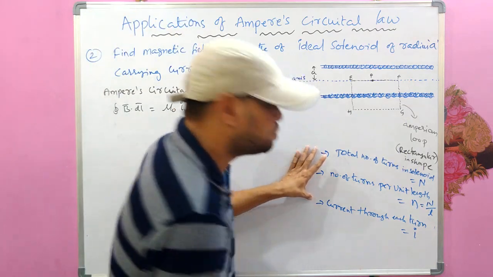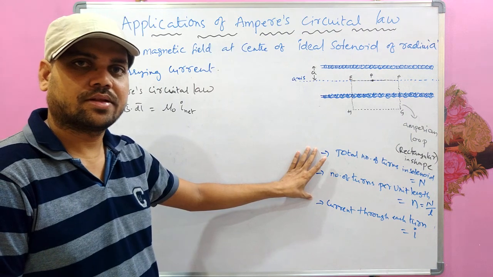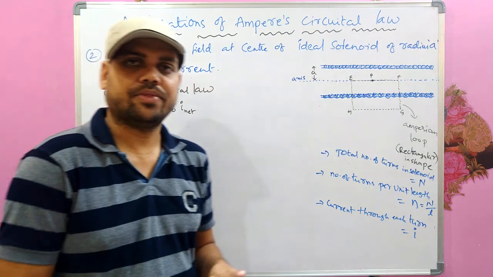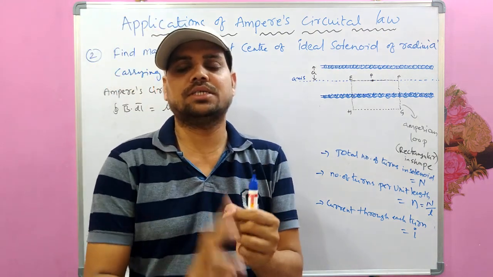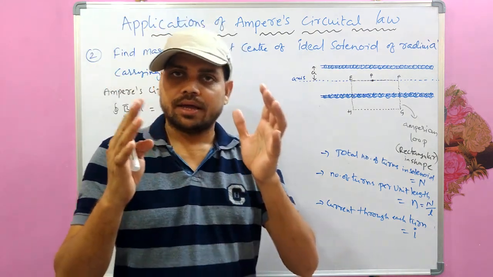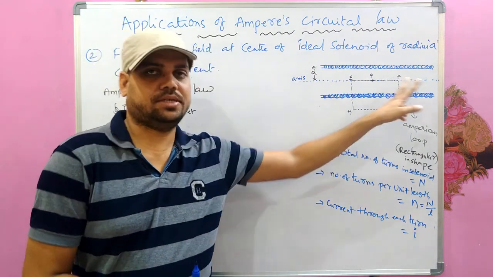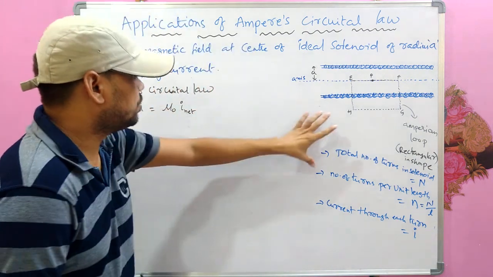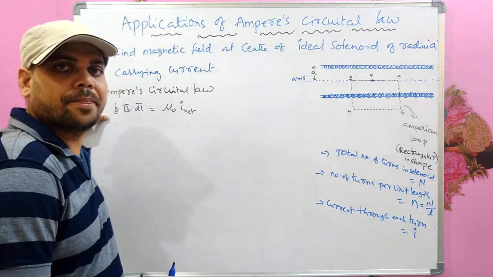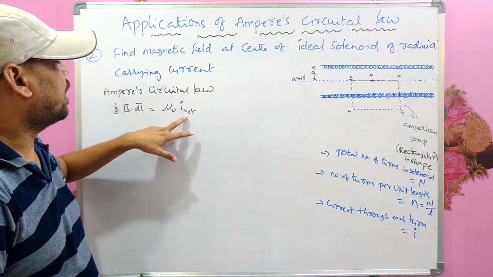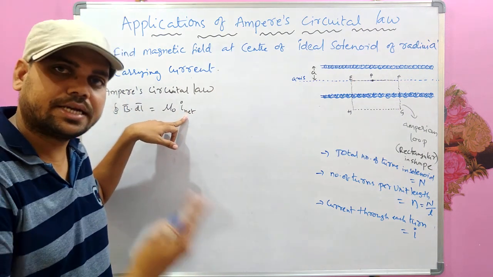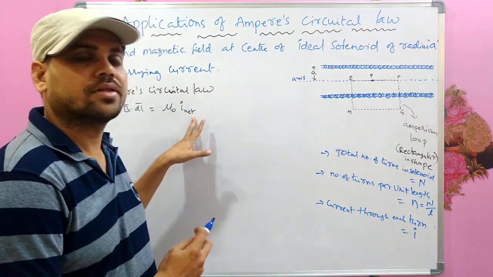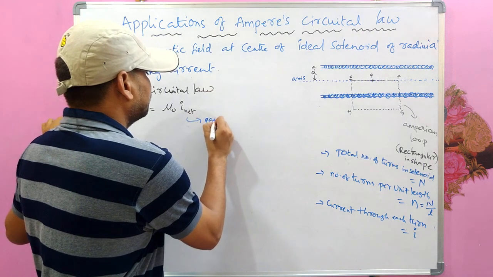So with the help of these specifications for the given solenoid, now let us try to find out how much current is passing through the Amperian loop that we have considered. Because if you want to apply Ampere's circuital law, I net is the net current passing through the Amperian loop.